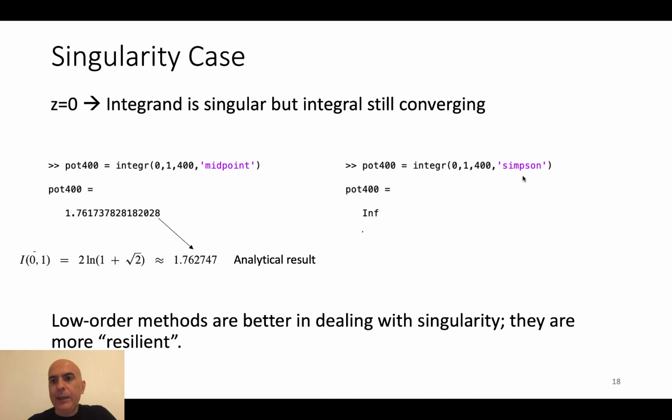If we apply higher order schemes to calculate the same integral, you will see that the integral is not actually converging. This is very interesting and tells us that lower order methods, like the midpoint rule in this case, are better at dealing with the singularity. They're more resilient because they are more noisy. They have this truncation error that comes to help the convergence.